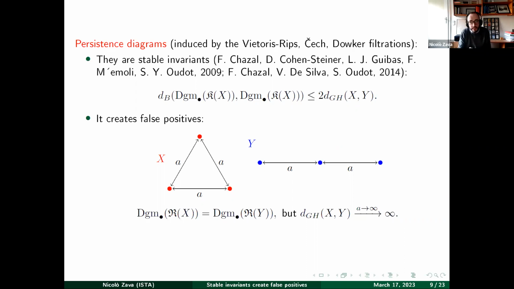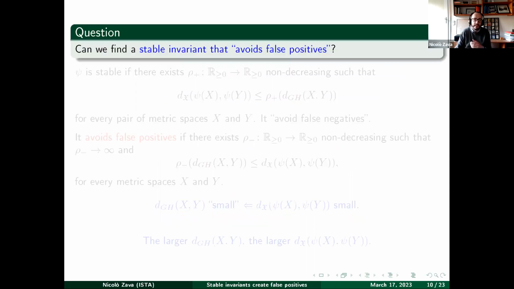So the question is now, is it always the case that if we require stability, then there are false positives? Or is it just that we haven't found yet the right invariant? So this is the question I wanted to address. Can we find stable invariants that avoid false positives?